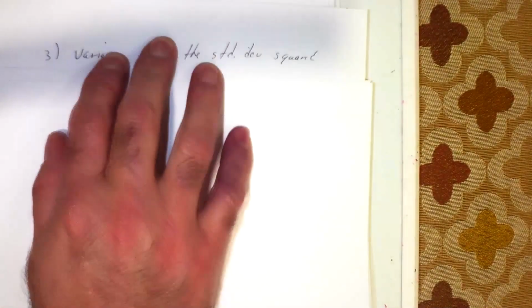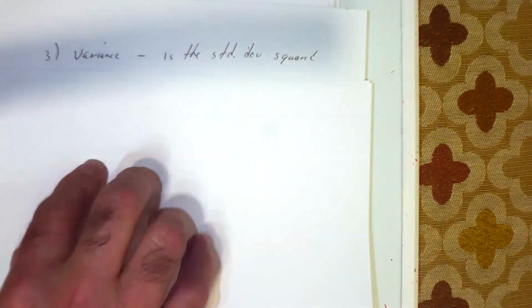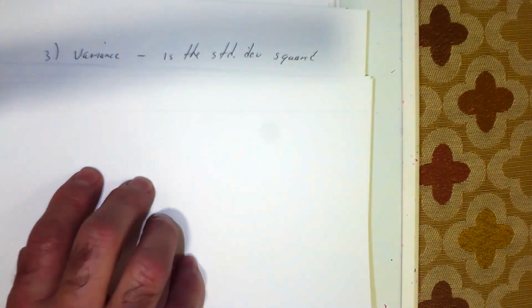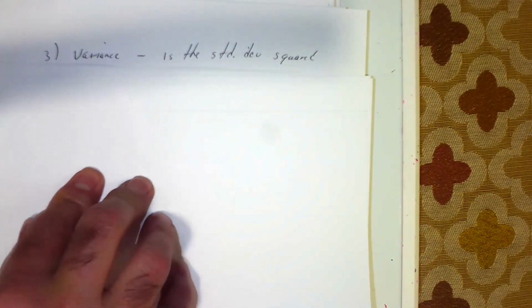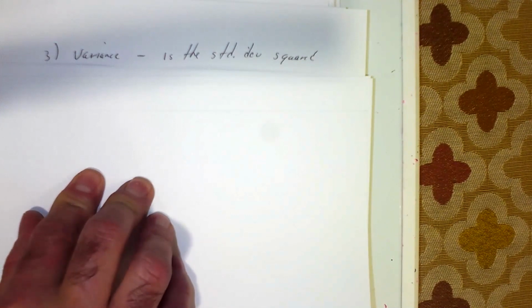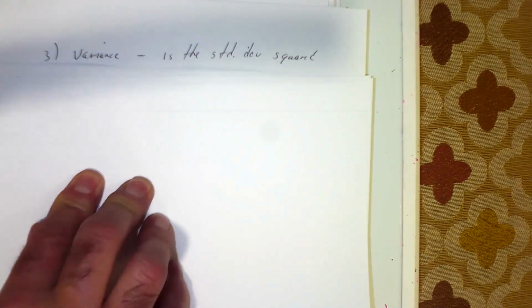We talked about range, which you subtract high minus low. And then we talked about standard deviation, which measures the distances from each data value from the mean to see if there was consistency among the data or not. And so there's one more, and that's variance.